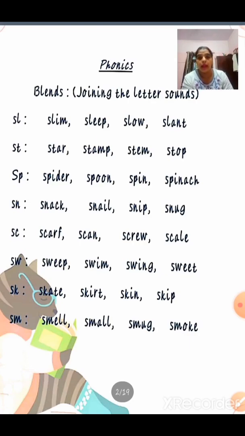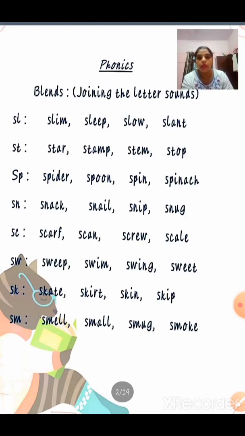Next blend is snare blend. Words in this blend we can read like snack, snail, snip, snug. Next is screw blend. Scarf, scan, screw, scale. Next is swirl blend. Sweep, swim, swing, sweet.